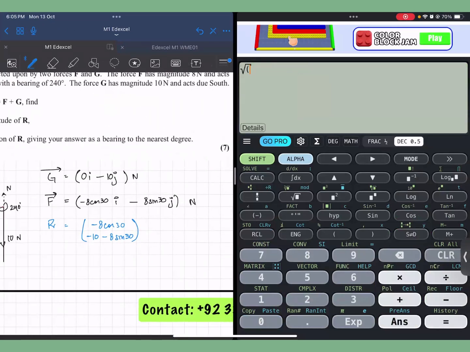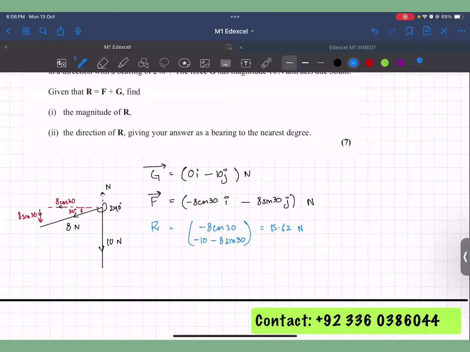So the square root of (minus 8 cos 30) squared plus (minus 10 minus 8 sin 30) squared is 15.62 Newton.